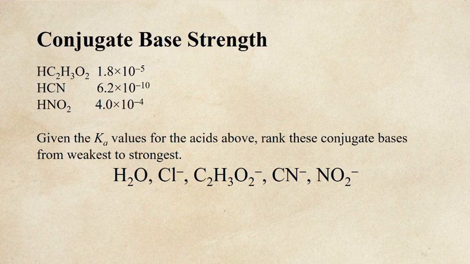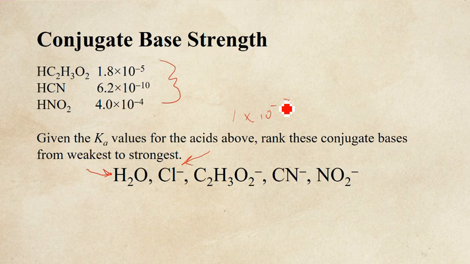The weaker the acid, the stronger the conjugate base. And so we have here 3 weak acids that we need the Kas for. We also have the conjugate base for hydrochloric acid here, and we have water. Okay, keep in mind the Ka and Kb for water is 1 times 10 to the negative 7th, so relatively important. So let's see which of the conjugate bases is weakest to strongest.